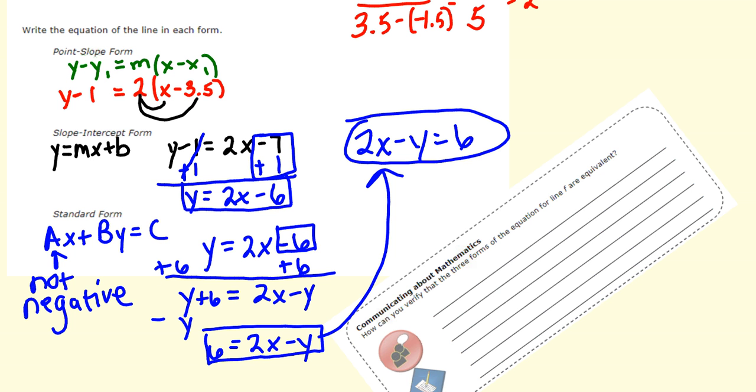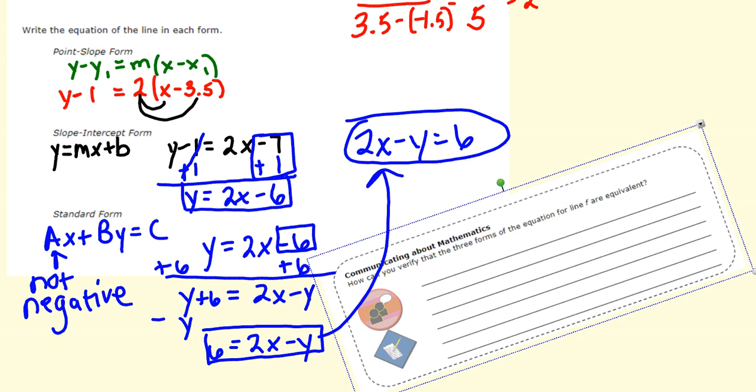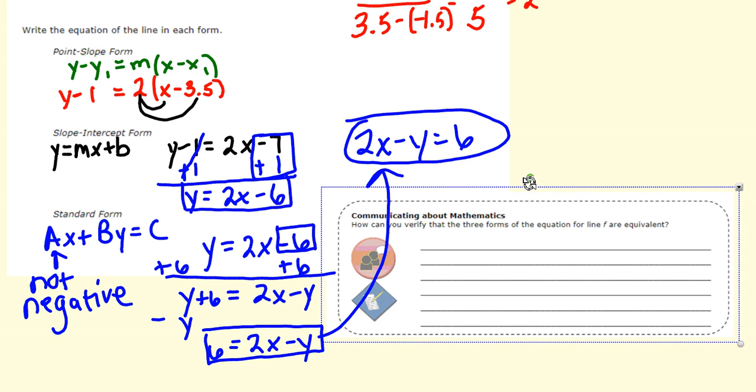Okay, so here's a question. How can we verify that these are the same? Well, one way is to plug in your x and y value to each of those. So I could go back and plug in 3.5 and negative 1.5 and make sure that I get the right output, that the statements are true. But also we can use our graphing calculator.